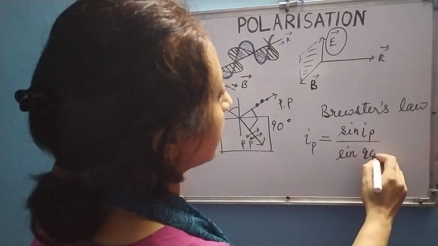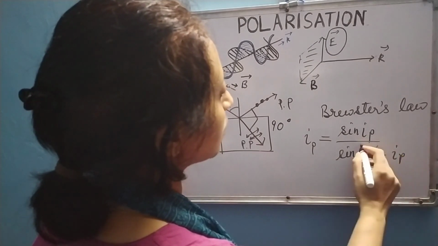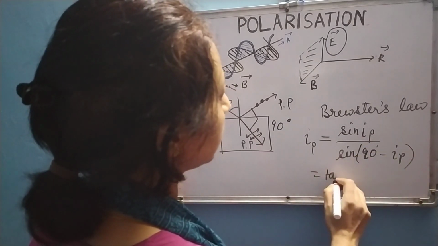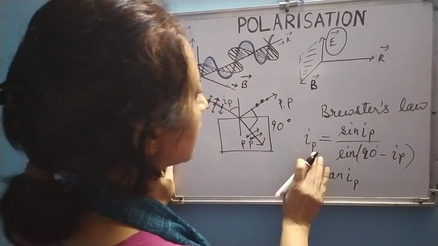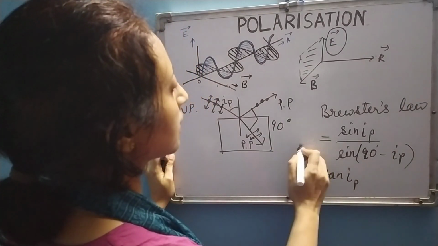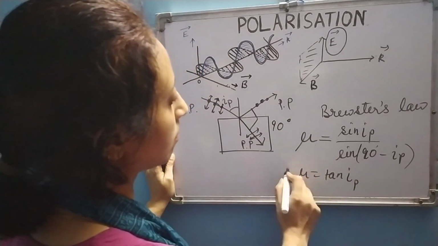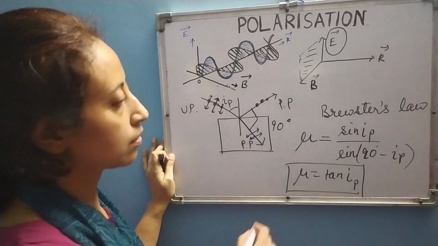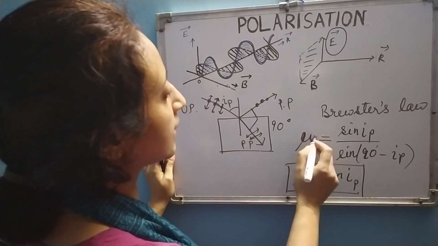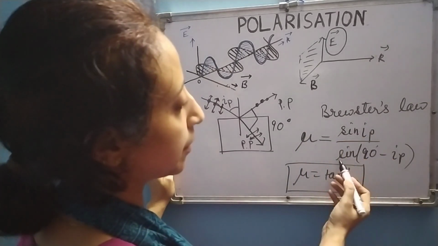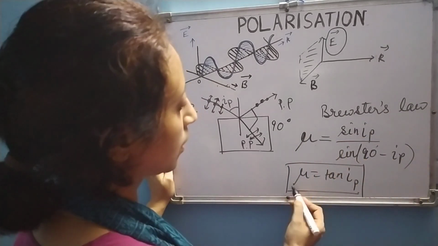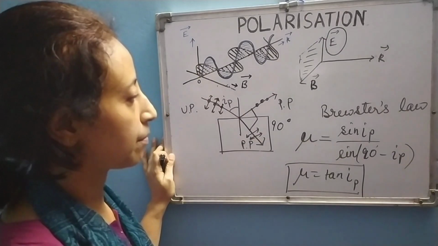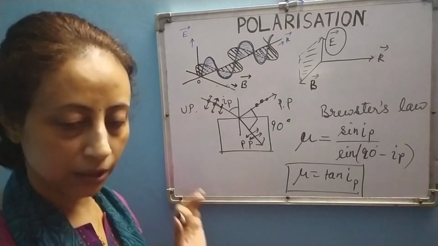Sine of 90 minus IP, so that it is tan of IP. So this is called, oh sorry, this is not IP, this is mu. So this is called Brewster's law. So refractive index of the medium is equal to sine of angle of incidence divided by sine of angle of refraction, so that mu is equal to tan of IP. Okay, this is obtained naturally.